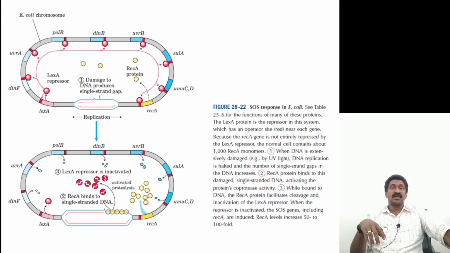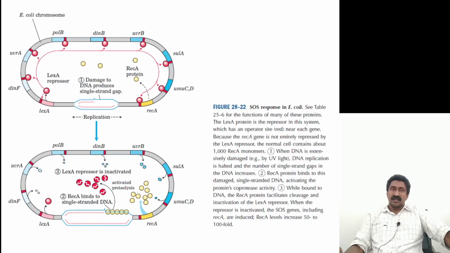That means all the LexA repressor proteins will bind to the concerned genes, and now it blocks the entire gene expression system. So this is the SOS repair in E. coli that uses the LexA repressor protein and RecA protein. This is one of the examples of gene regulation in E. coli, that is the SOS response of E. coli.